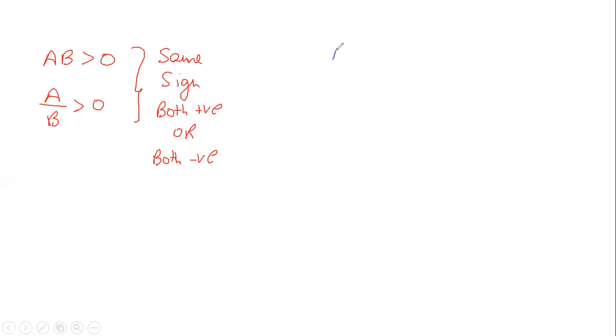Similarly, if I say this time the product of two terms is less than 0, so A into B is less than 0, what can I conclude regarding A and B? They will definitely have different signs. Now, I really don't know which one will have what sign, but they will definitely have different signs. So for example, if A is positive, then B has to be negative.